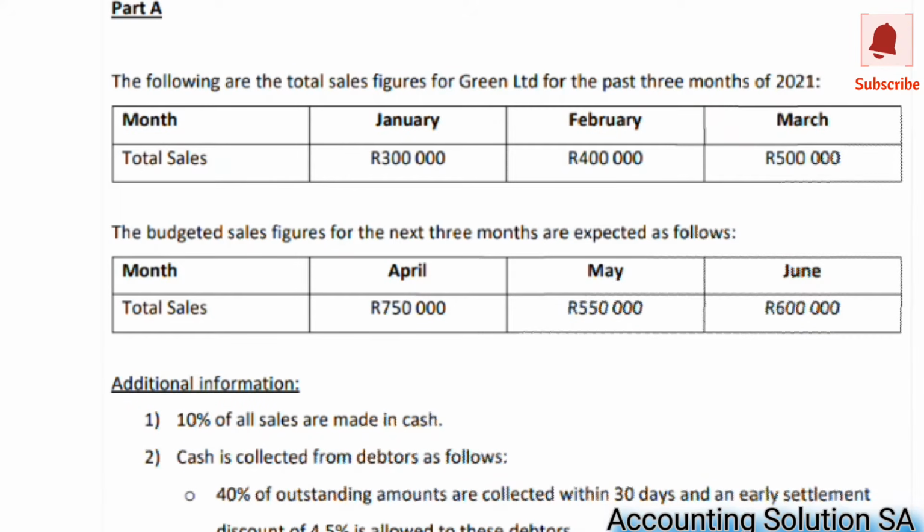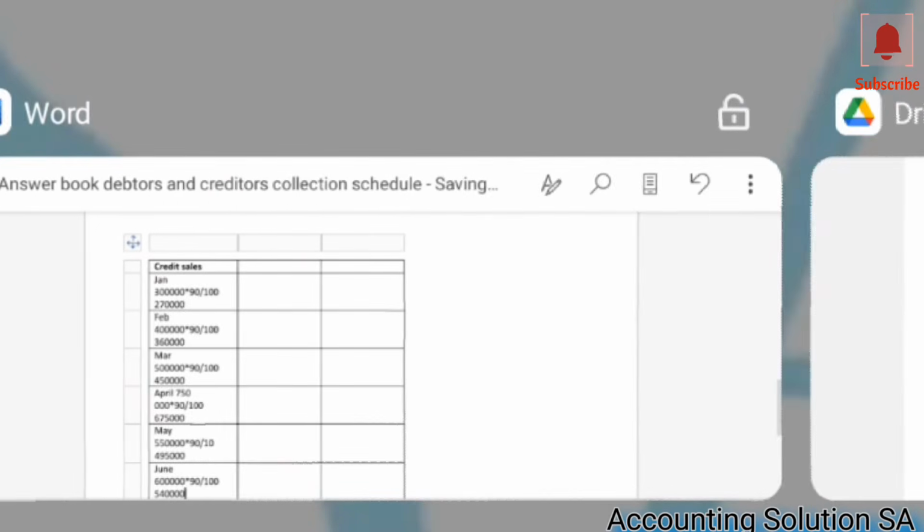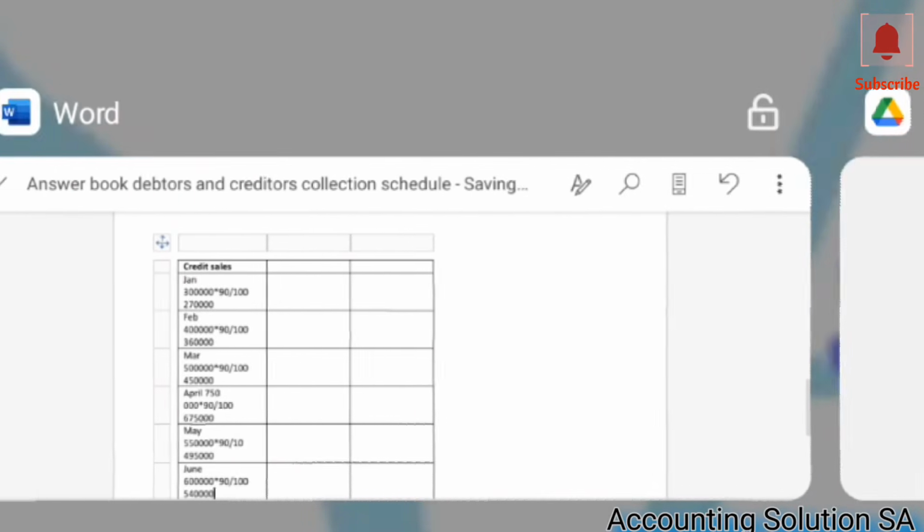Cash is collected from debtors as follows. 40% of outstanding amount are collected within 30 days and an early settlement discount of 4.5%, which means that we also have to adjust a discount if they pay within 30 days. Okay, the 30 days, guys, it simply means that it's the following month. Okay, it's 40% and the discount is 4.5.